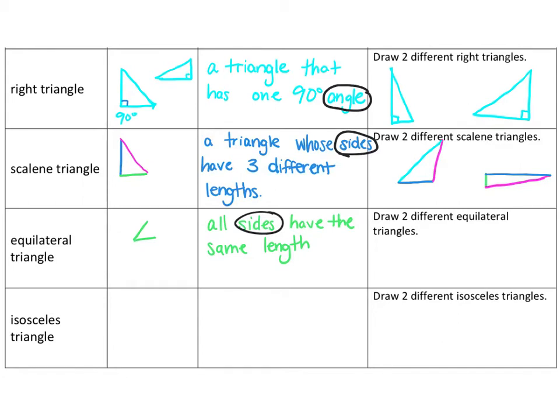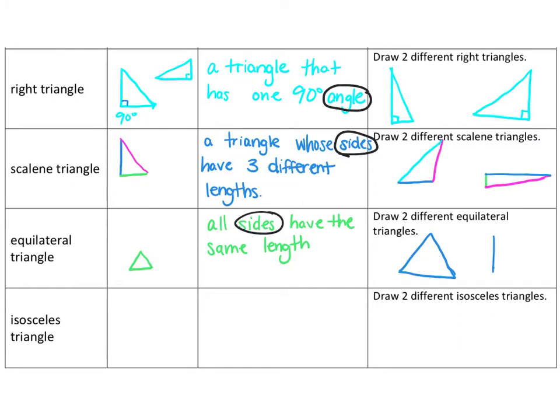Okay, that doesn't look perfect, but it's close. Okay, I could even redo it if that one wasn't good enough. So I'd say, there we go. That looks much better. There's an equilateral triangle. Now, you need to draw two different equilateral triangles over here.